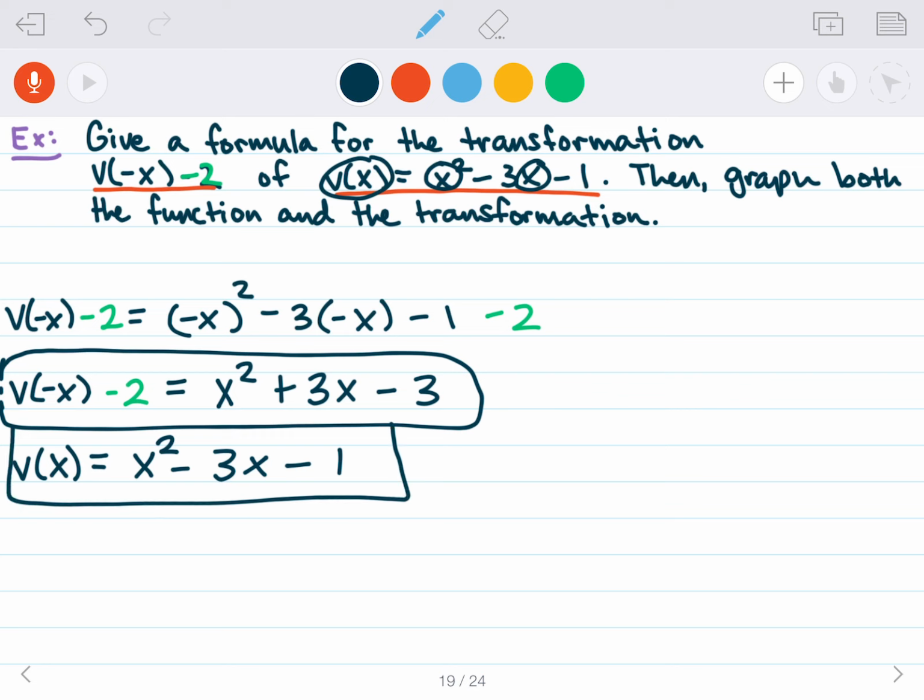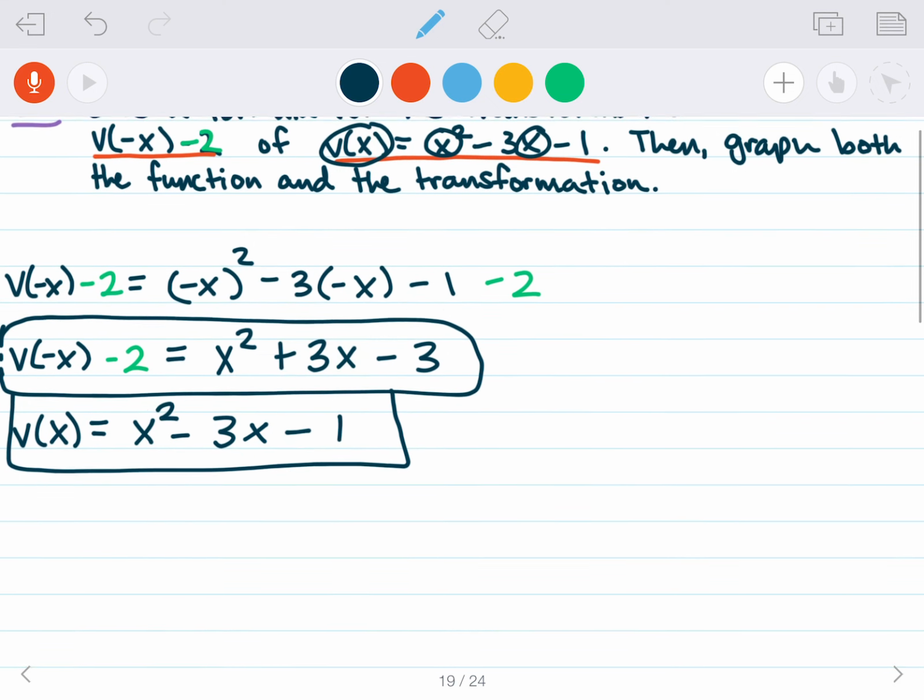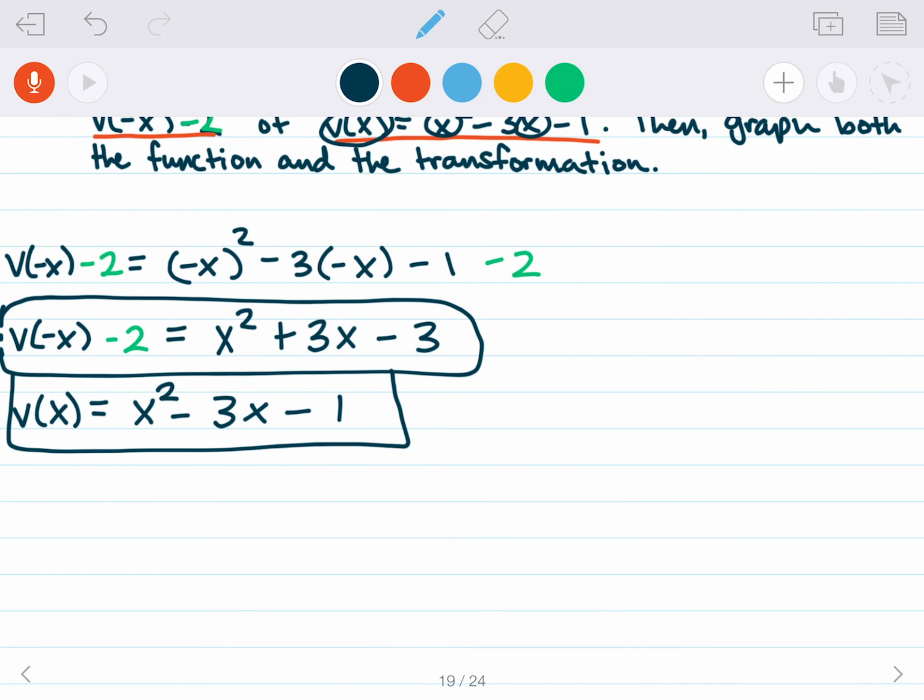So we want to get t-charts for both of these. The parent function is just v of x. So we have x, and then maybe I'll do this in blue to stay consistent with the parent function before the transformations. So let's do x, and then we have x squared minus 3x minus 1.